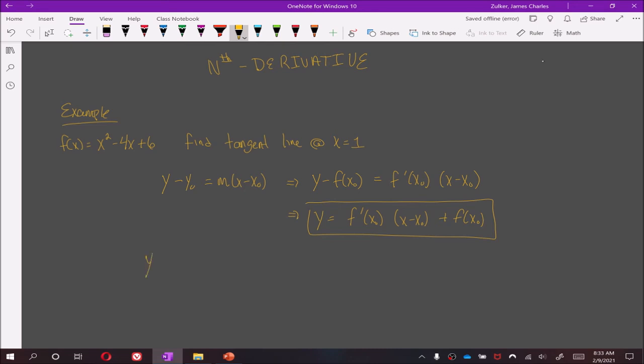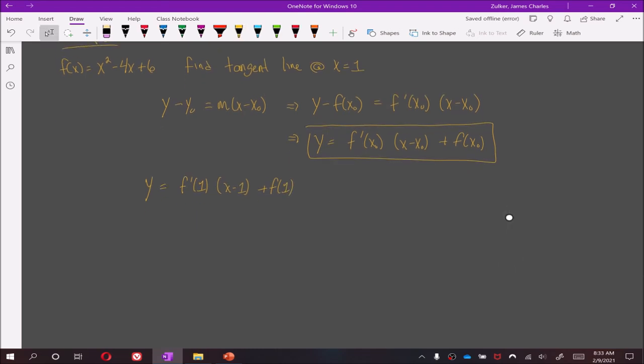So y is equal to f prime of 1 times x minus 1 plus f of 1. Now, f of 1: one minus 4 is negative 3, plus 6 is positive 3. We just have to find f prime of 1 now. So f prime of x. For this problem, I'm going to write it all out.